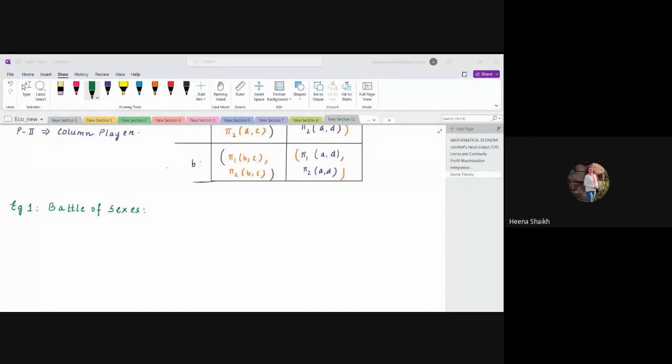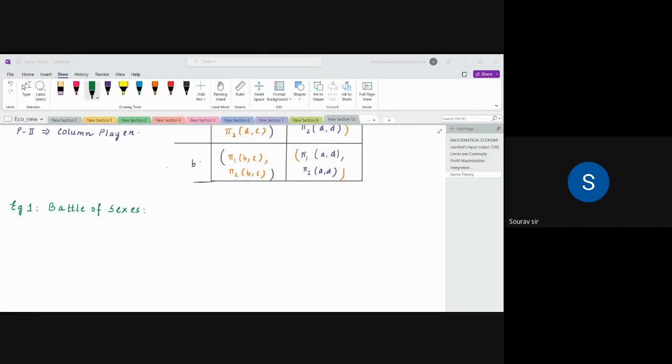Yes, sir. Can anyone recall what scenario was there in this? Sir, in the battle of the sexes, there was an example of a husband and wife, and the wife wants to go out for dinner, and the husband wants to watch a football match, and then there is a payoff matrix, and the result came out.